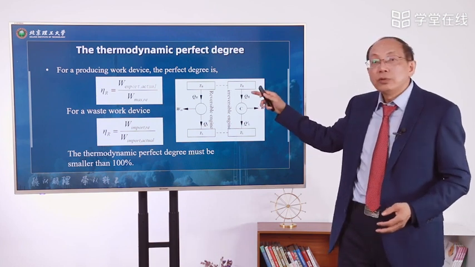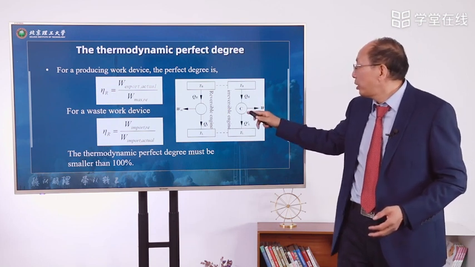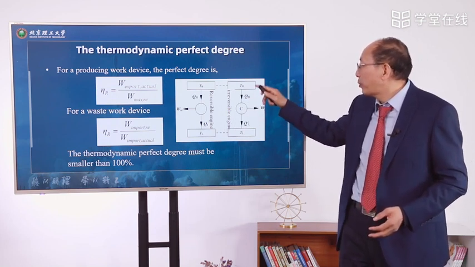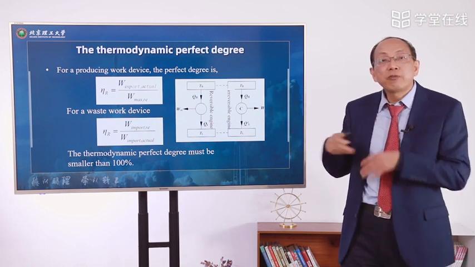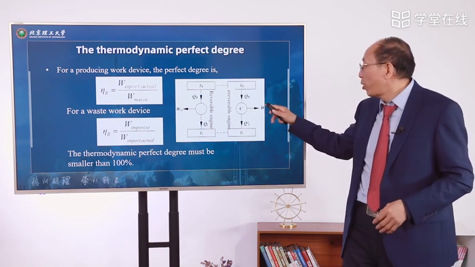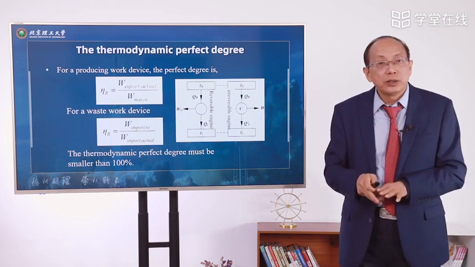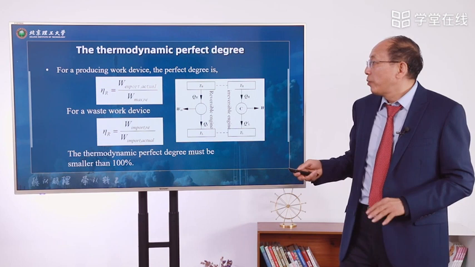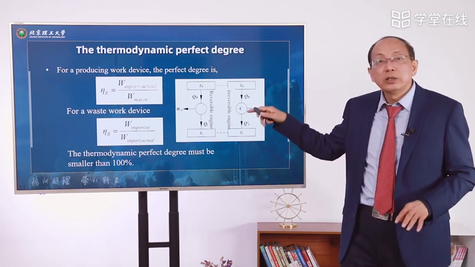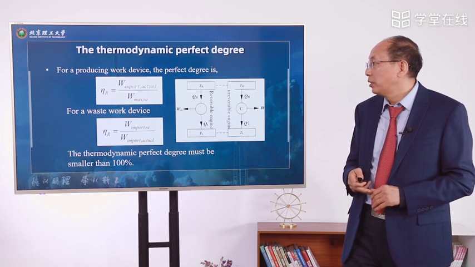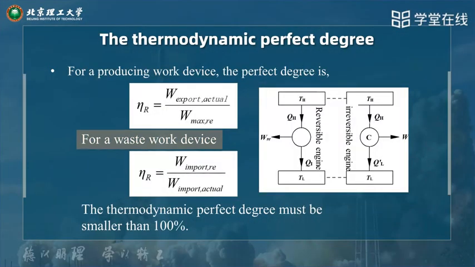In the actual system, an irreversible engine working between these different temperature reservoirs does work W that certainly is smaller, so there is some work waste. For a work-producing device, the ratio is W export actual over W maximum reversible. This efficiency we can call the perfect degree.